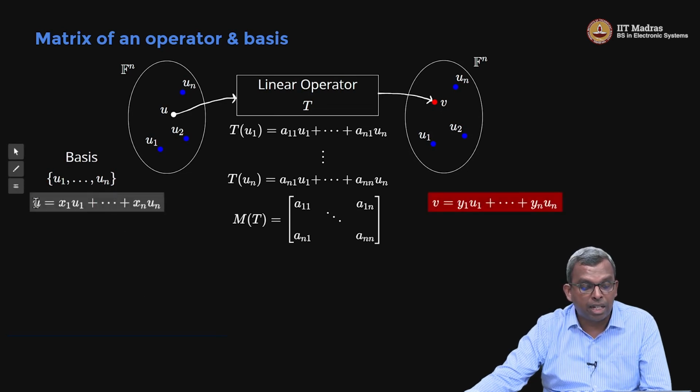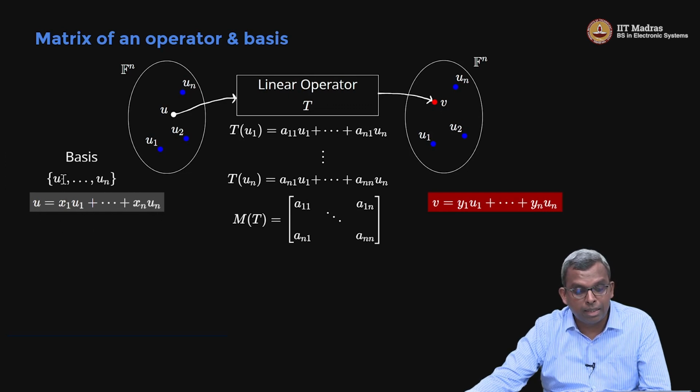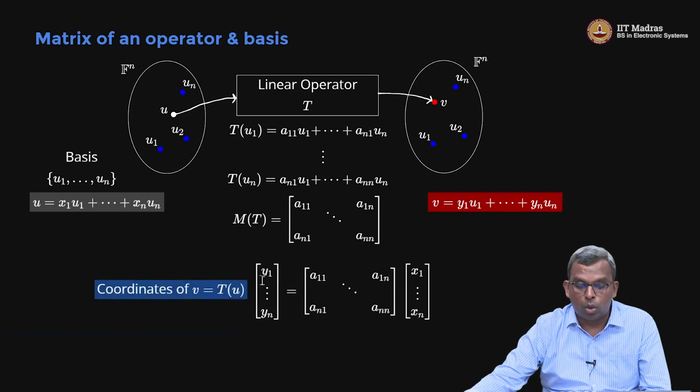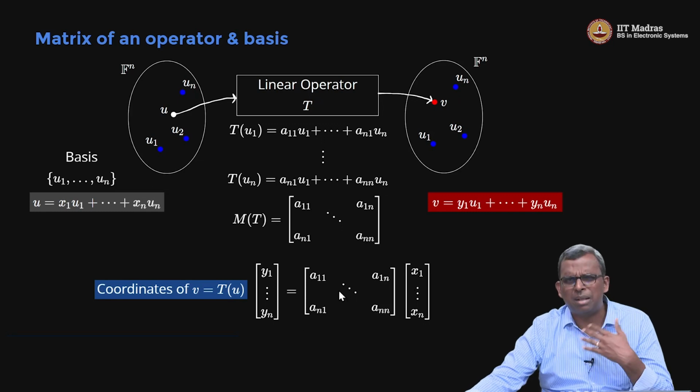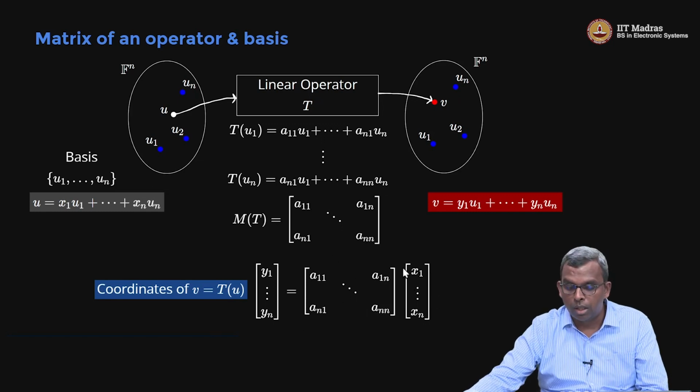So if I have a general u which is x1 u1 to xn un, the coordinates of u are x1 to xn in the same basis, and the coordinates of v, if they are y1 to yn in the same basis, then I know the coordinates of v equals T of u is given by this matrix multiplication. That is how I define matrix multiplication, right? So you take this, you multiply x1 by the first column, x2 by the second column, so on till xn by the last column, add it up, you will get y1 to yn. So we know how to do this.